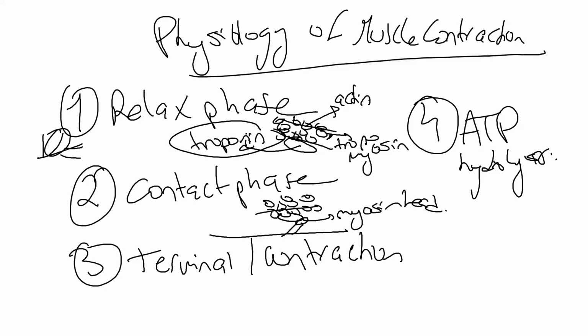When it's in contact with the troponin, it will change its shape. When it changes its shape, the contraction will happen. Now, before all of this, as we said, we have a nervous impulse.